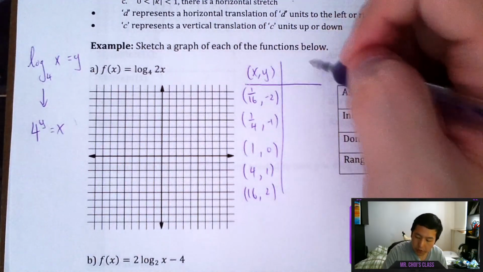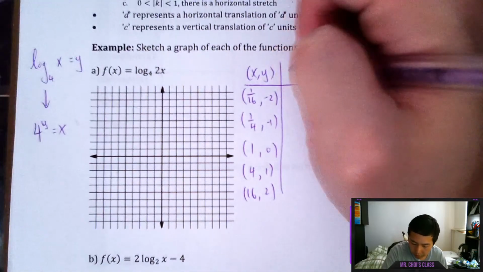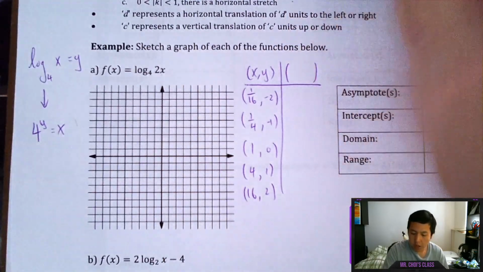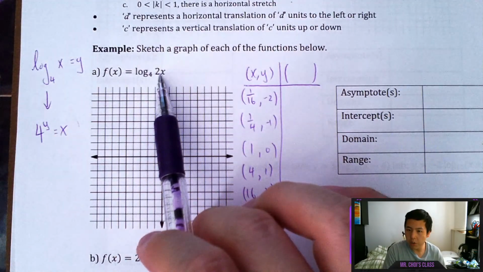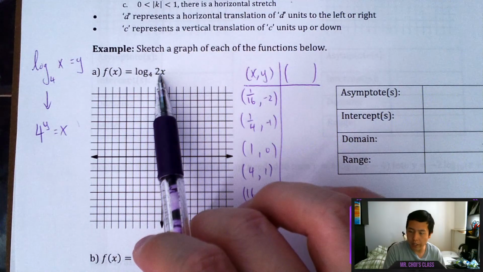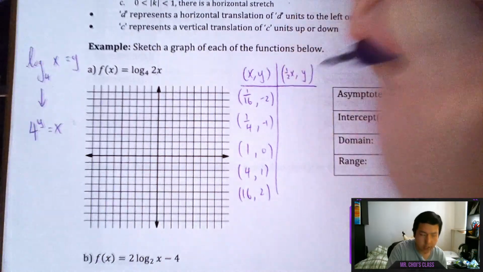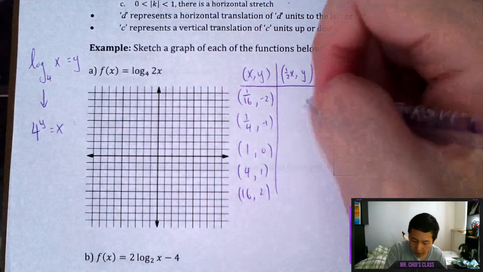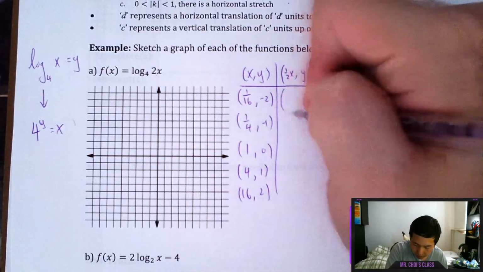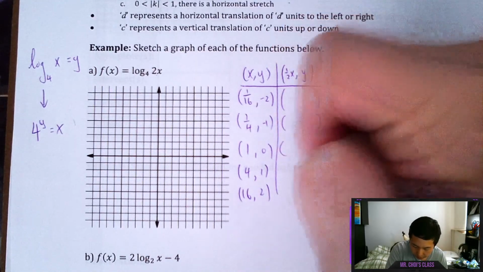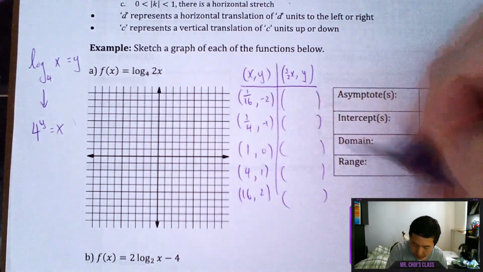Now to find the transformed points, once again, we said there is a horizontal compression by a factor of 1/2. So we understand that it'll be 1/2 x and y. The y values we can just keep the same. I'm just going to draw all the brackets here to save time.